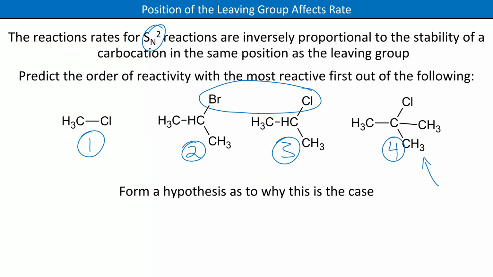Because if you make it so that when your leaving group leaves, you get a stable carbocation, then your leaving group leaving can actually happen. Your leaving group leaves and you make an intermediate. If we started with chloromethylpropane and your chlorine leaves, you get a tertiary carbocation.